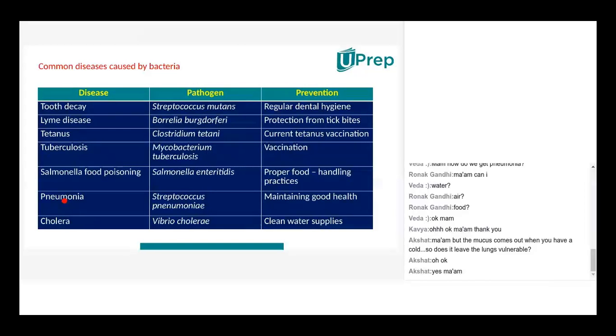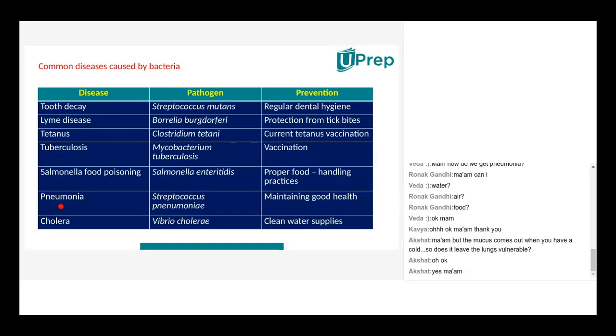When you take the influenza virus, that virus causes flu. Now, when you're in a flu diseased condition, the pneumonia-causing Streptococcus pneumoniae bacteria attacks your body at the same time, and you may develop an advanced diseased condition called pneumonia.